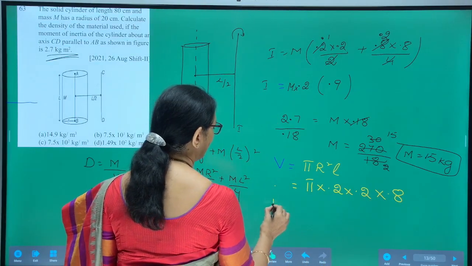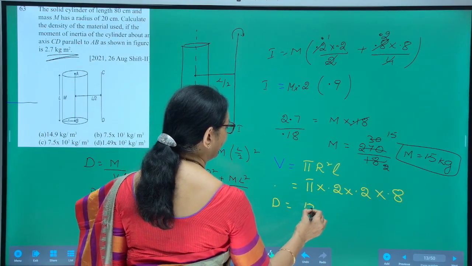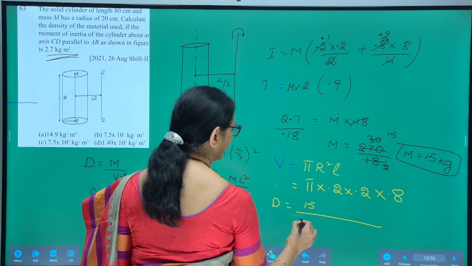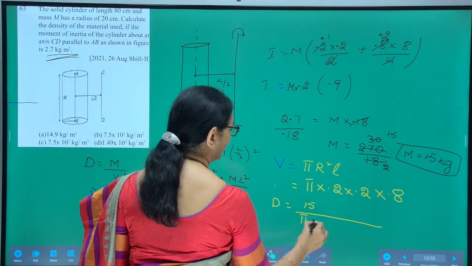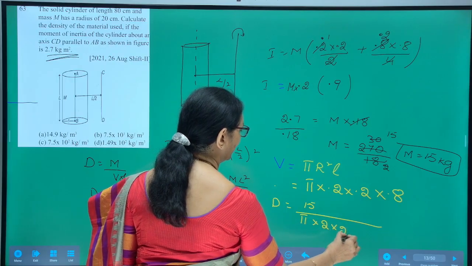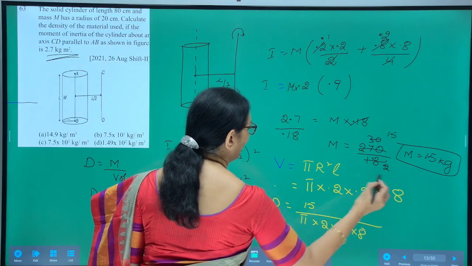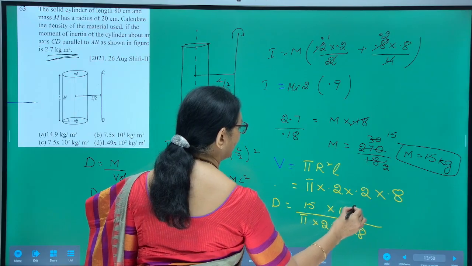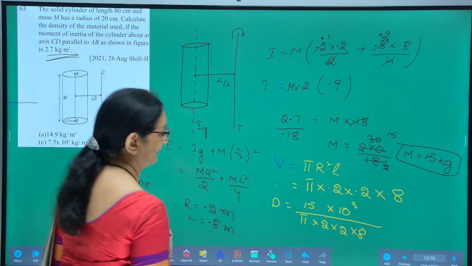So here density is equal to 15 by pi 2 into 2 into 8, 10 power minus 3 goes to the numerator, 10 power 3.